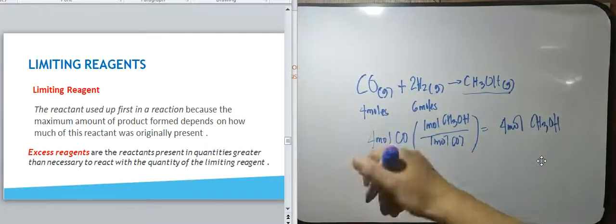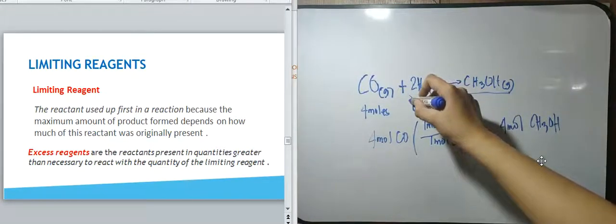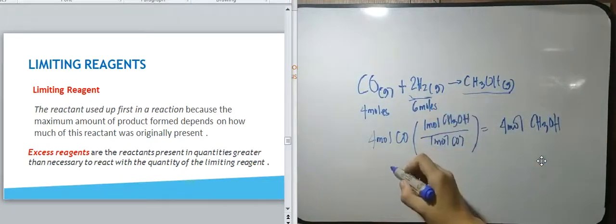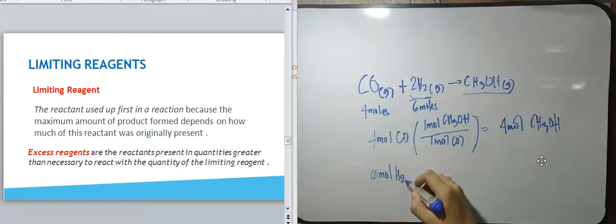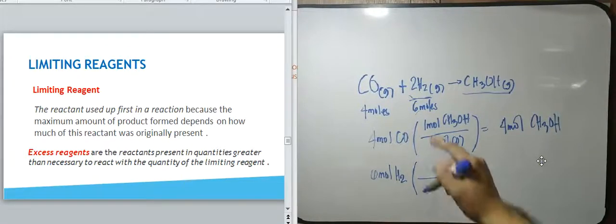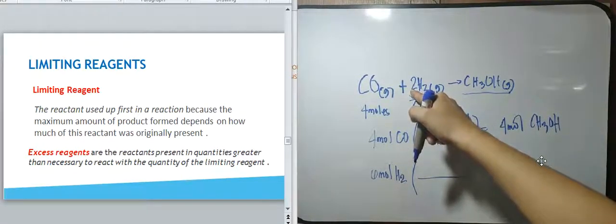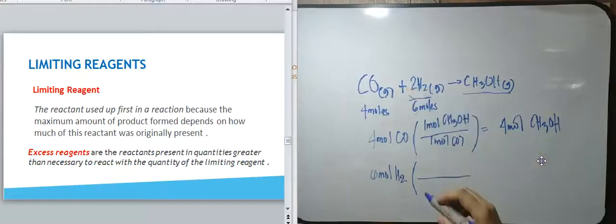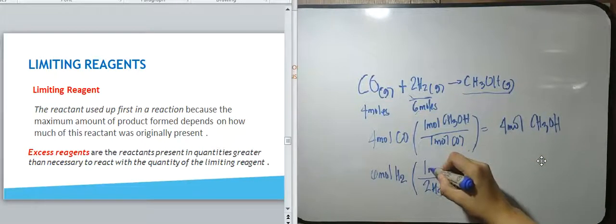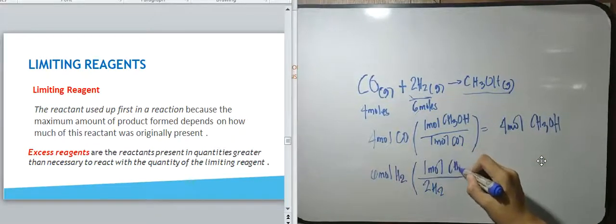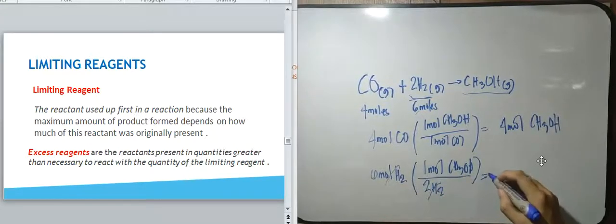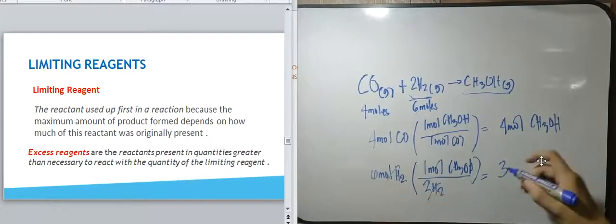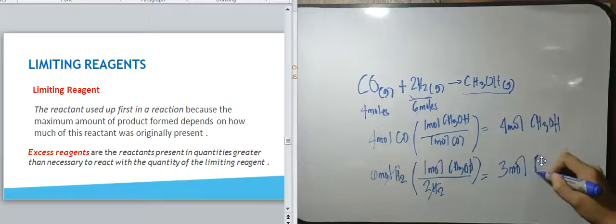And starting with hydrogen, we have 6 moles. Again, 2 moles of hydrogen is stoichiometrically equivalent to 1 mole of methanol. So cancel, and we will have 6 divided by 2, 3 moles of methanol.